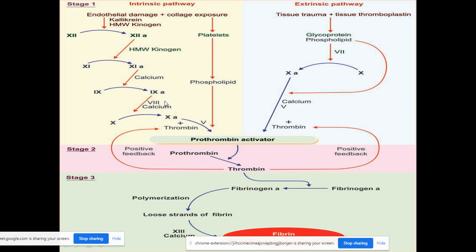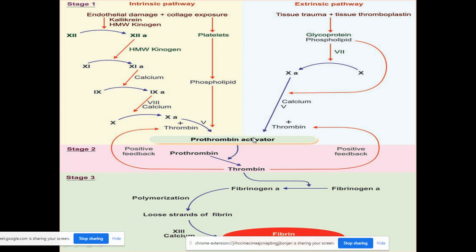When factor 9 gets activated, it will combine with factor 8 and factor 4, calcium, and activate factor 10. Now here you can see that factor 10 gets activated. The factor 10 combines with thrombin, factor 5 and phospholipid. All these together will form the prothrombin activator.